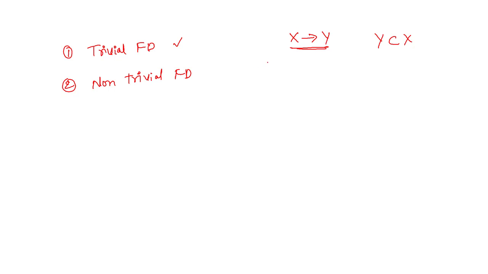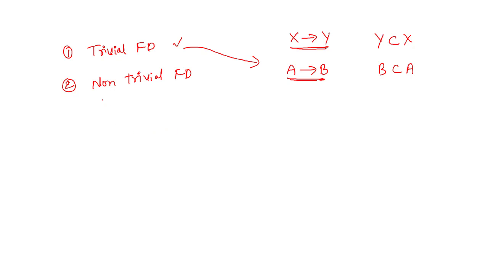Let us take another equation. If I have a functional dependency A implies B, and B is a subset of A, then also we can say this functional dependency is a trivial functional dependency.